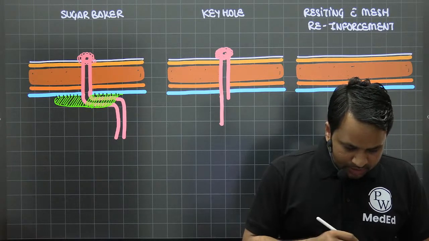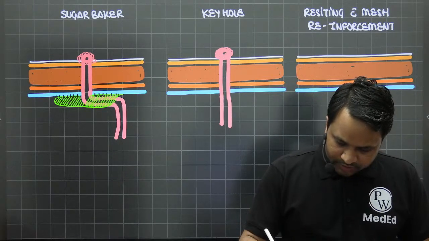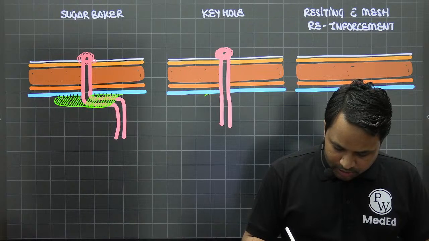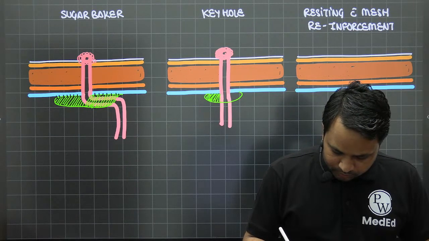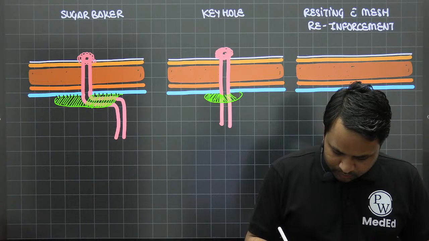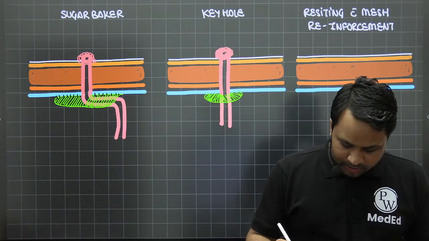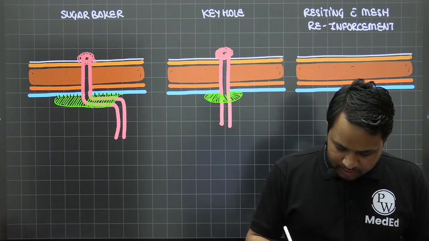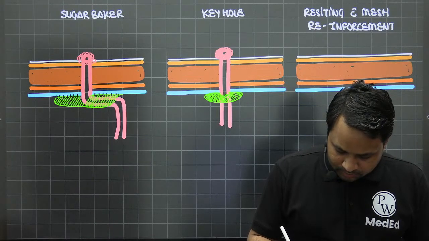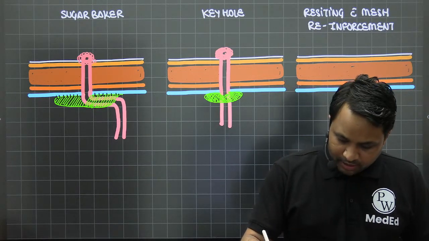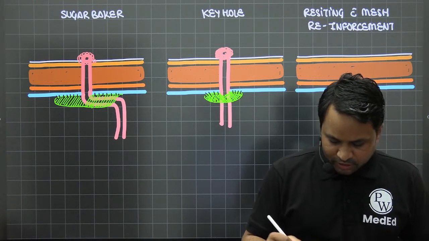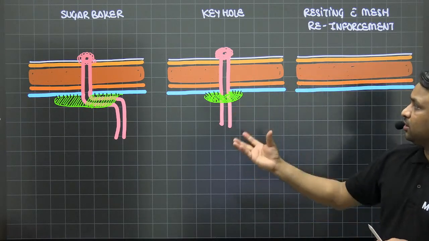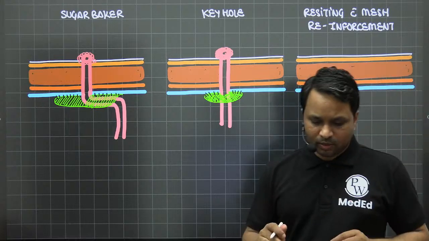So the keyhole says, let's install the mesh around this area alone. Now it has completely anchored the mesh around this area, and this is how keyhole surgery is done. Again, you are anchoring the mesh to the peritoneum in this particular fashion, and you see it has been completely fixed. This is what we call keyhole surgery.